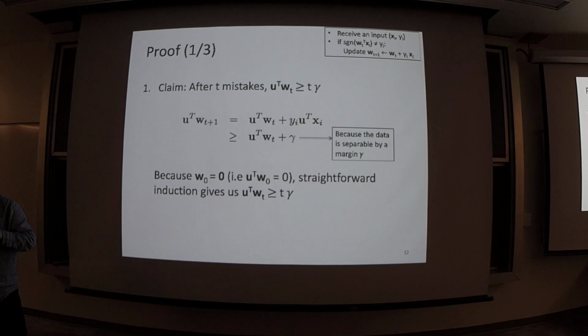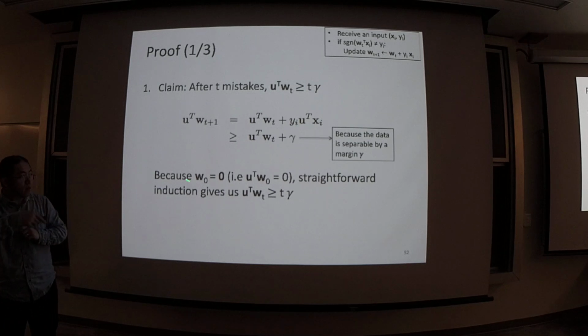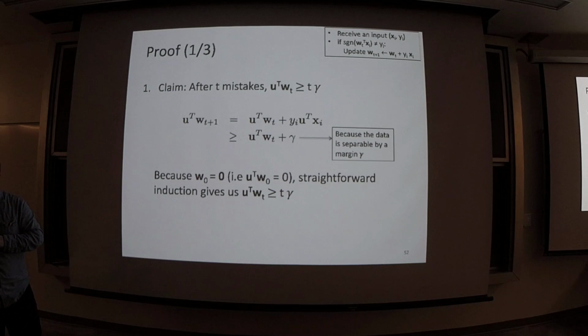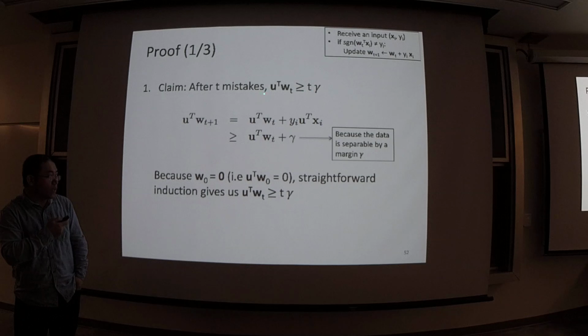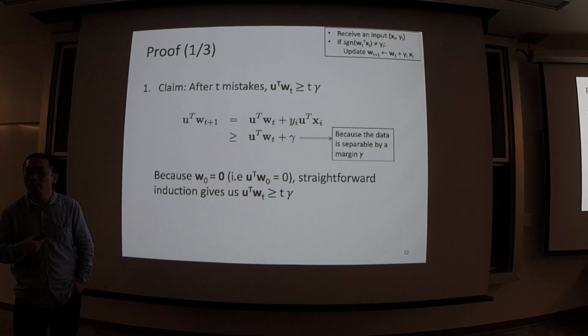The first step is the beginning: we look at whether this is satisfied at the very beginning, that means t equals 1, that is, u transpose w_1 is no less than gamma. Is it correct?